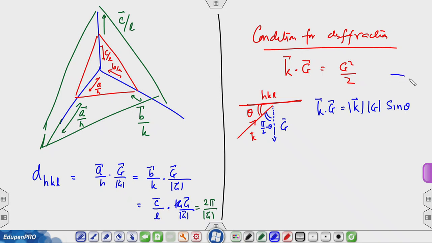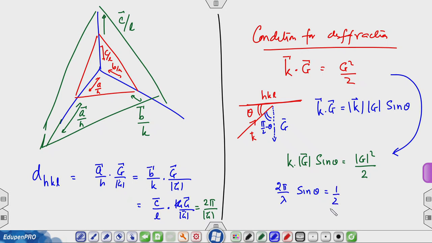So, the condition out here gives me mod k mod G sine of theta is equal to mod G square over 2. k is nothing but 2 pi by lambda. One mod G cancels. So, I get 2 pi by lambda sine theta equals mod G over 2, and mod G is 2 pi by d.